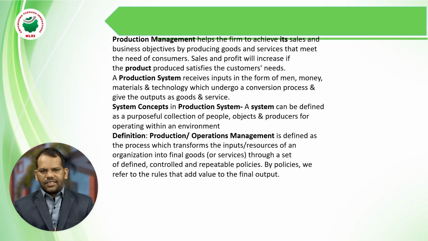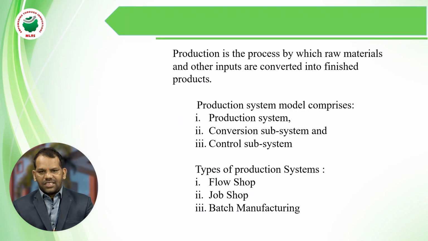We are improving the policies, increasing productivity and increasing the output of a firm. Production is a process by which raw material and other inputs are converted into finished products. So raw material is converted into the final good of output.